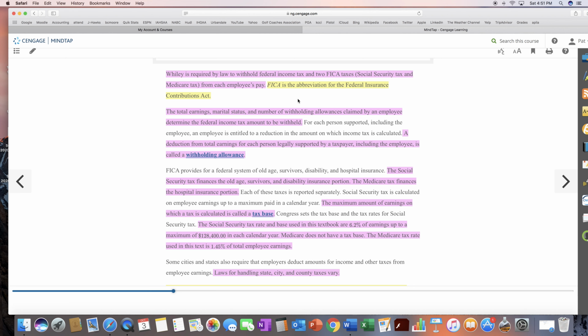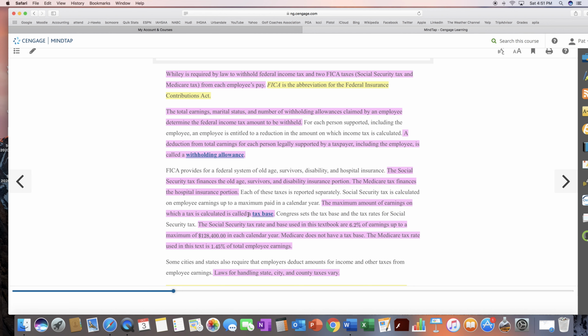FICA, this Federal Insurance Contribution Act, is Social Security and Medicare. Social Security is the old age, survivors, and disability insurance portion of FICA. Medicare is the hospital insurance portion. They'll ask you those on the test. The maximum amount of earnings on which a tax is calculated is called the tax base.